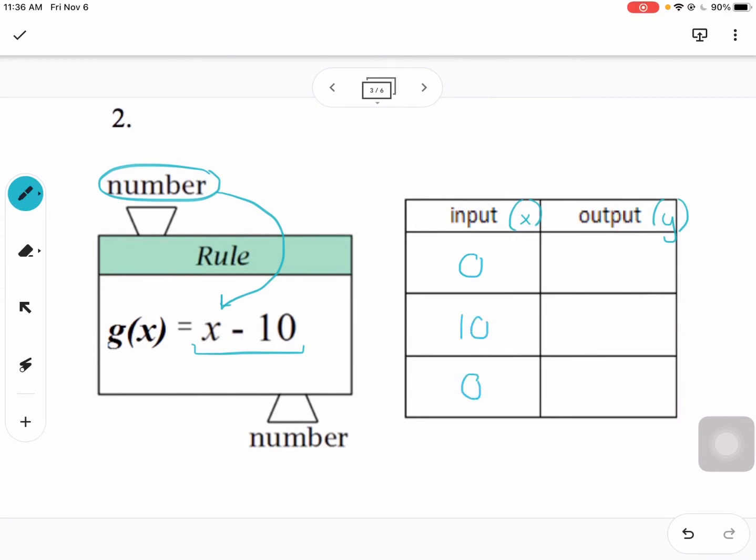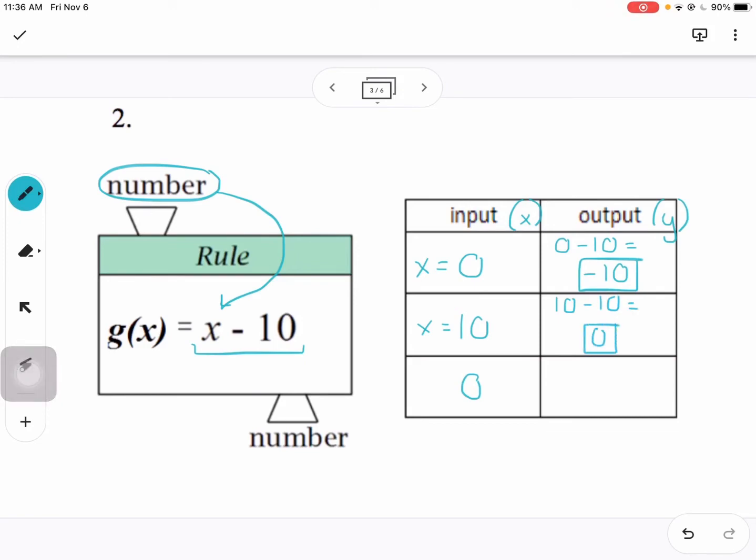Let's do 0 again to see if we get the same thing every time. So first I'm going to input 0. So I'm going to replace x with 0. So I'll get 0 minus 10 equals negative 10. Okay? Next, I'm going to input 10 for x. So I'll get 10 minus 10 equals 0.